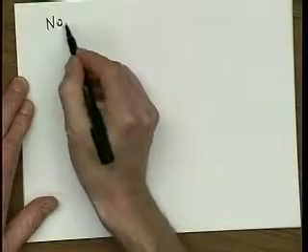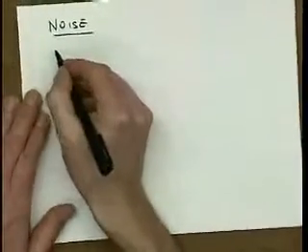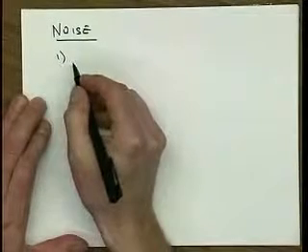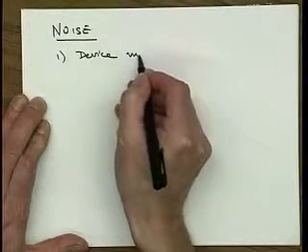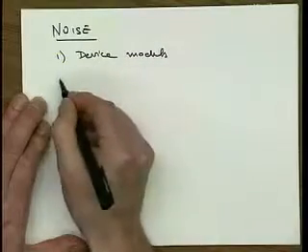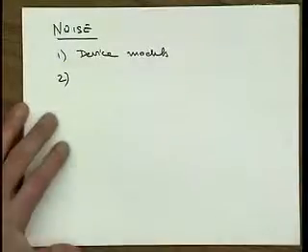Okay, so we've started talking about noise, and specifically thermal noise, and we've talked about a number of things. We first talked about the sources of noise and how to model noise in our devices, MOSFETs, resistors, and so on.